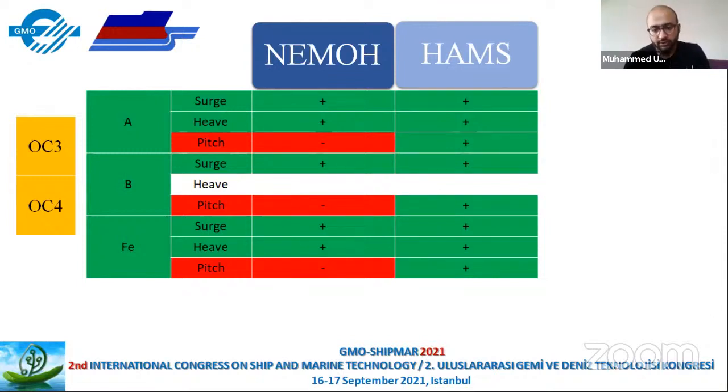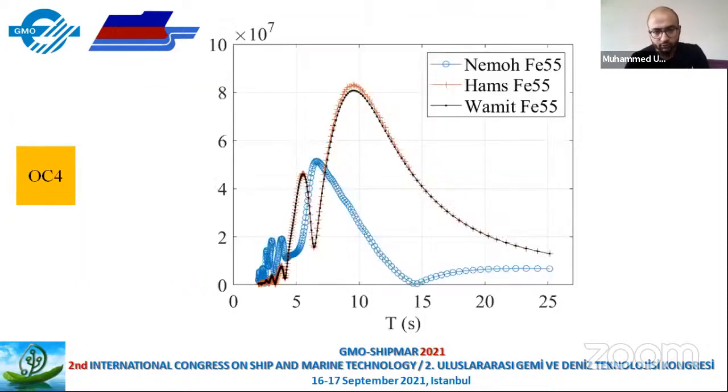I have accepted those, but the pitch results of NEMO were insufficient. I'll show you in this graph, this is for OC4, the more complex structure, and then the OC3 spar. For this excitation force graph, as you can see, the numbers are distant from each other. This is irrelevant, and this is unacceptable.